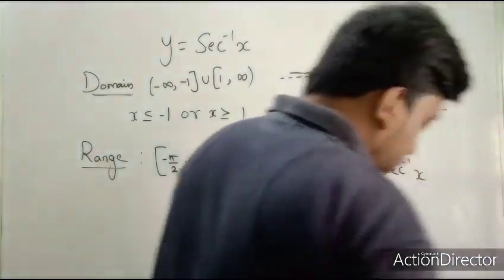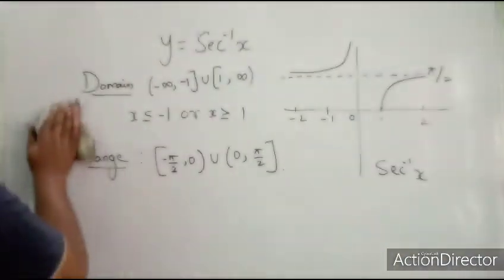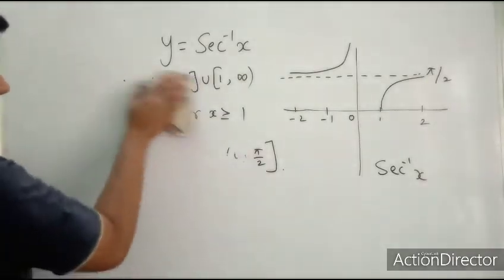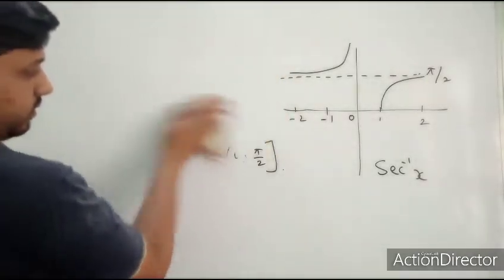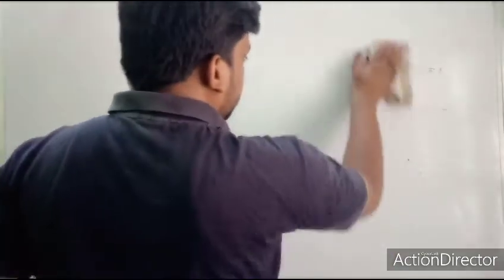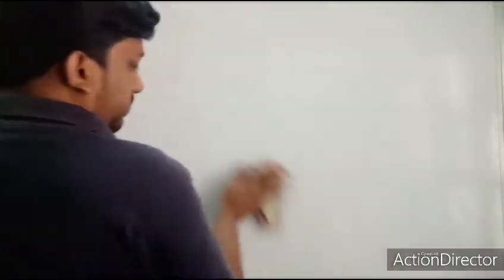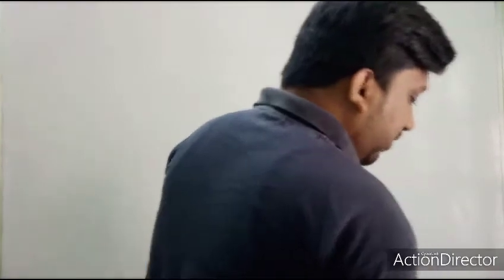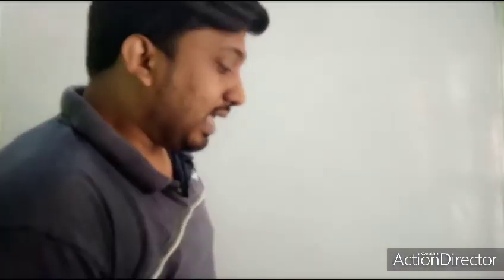Yes, let's go to the third question of the model paper, that is 1 mark. Third question: if a matrix has 5 elements, then what are the possible orders it can have?